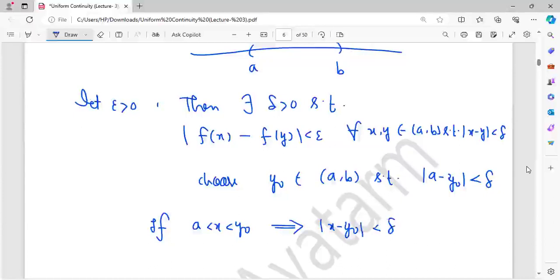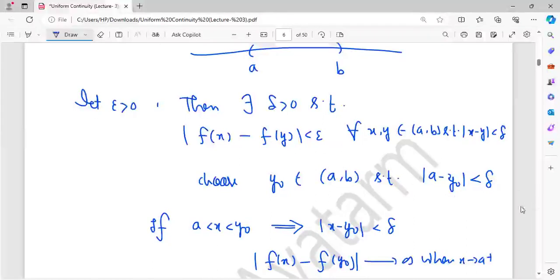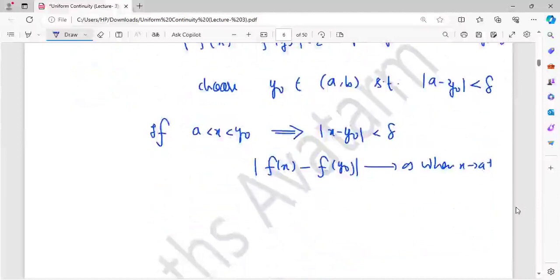But in that case, f(x) minus f(y naught), where will it go? It will go to infinity when x tends to a plus. So what does it mean? Which is a contradiction.